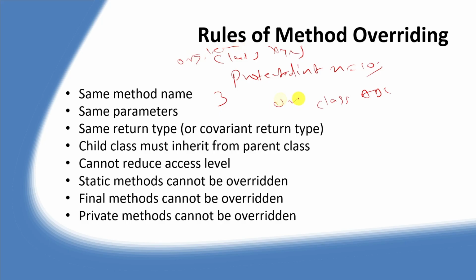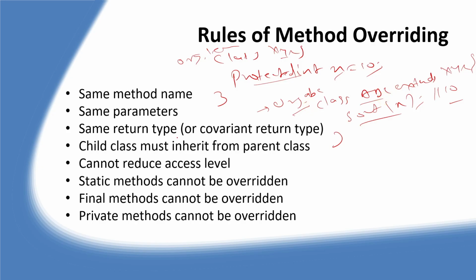This is a different package. But class abc is a child class of xyz. Inside this child class, I can directly access this x value. I can print x, and this will give output 10. That means we can use the protected member outside the package within the child classes only.